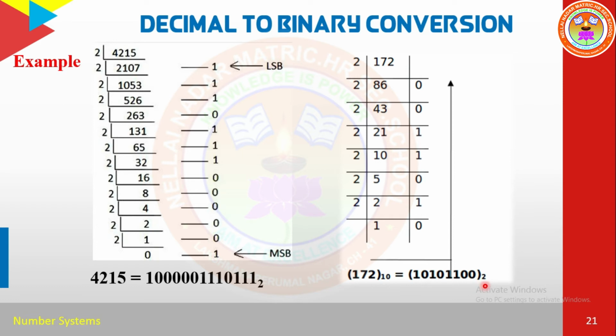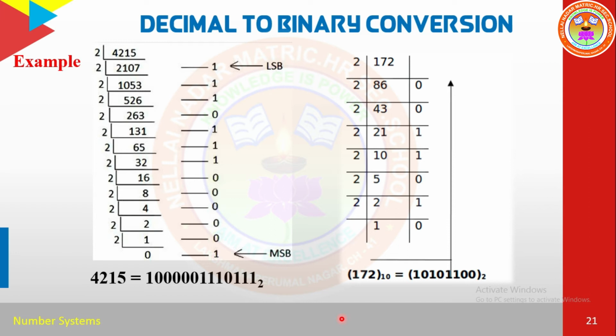That's why I'm putting the base value, or radix value, which is the number 2. So the decimal number 172, this is the binary number of this 172 value. Clear? Every time we divide by 2, that's why we follow the repeated division by 2 method.